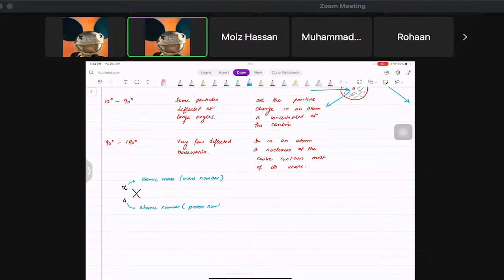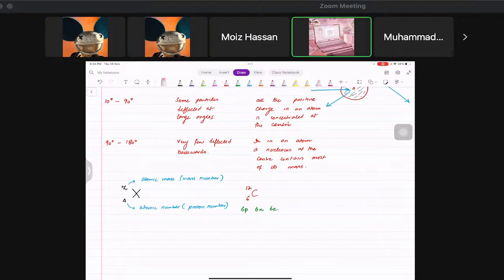For example, carbon is given by 12 and 6. So basically it means that carbon has 6 protons, 6 neutrons, and 6 electrons. Do you guys understand this?